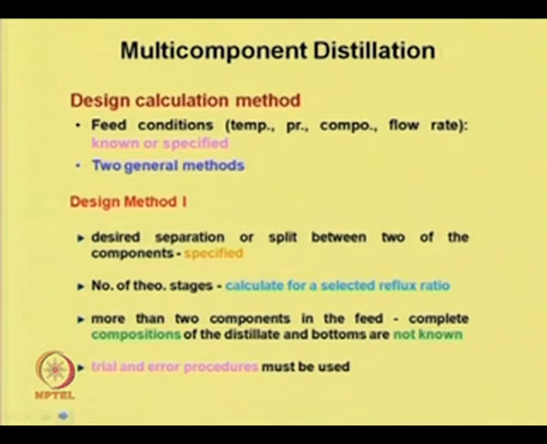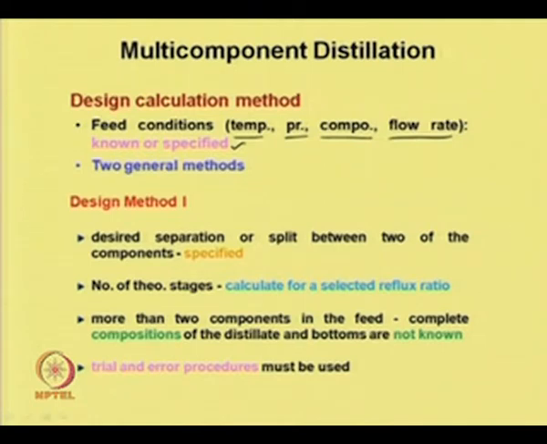Now, the design calculation method. Feed conditions, temperature, pressure, composition, and flow rate are either known or specified. Then there are two general methods.